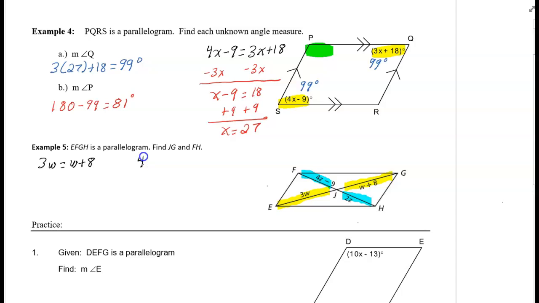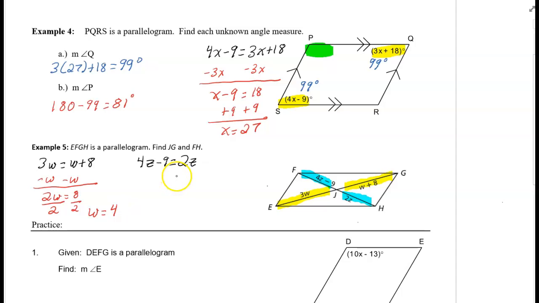The second equation would be 4z minus 9 is equal to 2z. And now we need to do some algebra. For the problem on the left, we'll subtract w. 2w is equal to 8. Divide by 2. W is equal to 4.